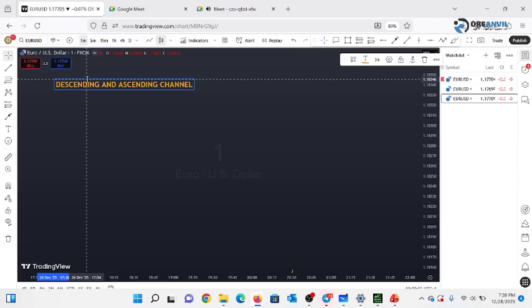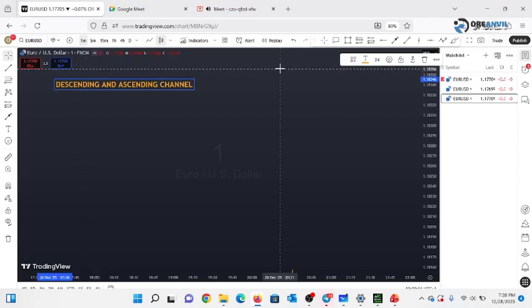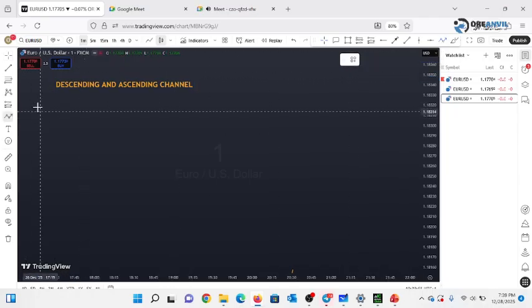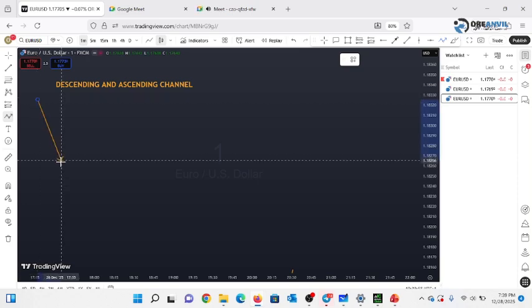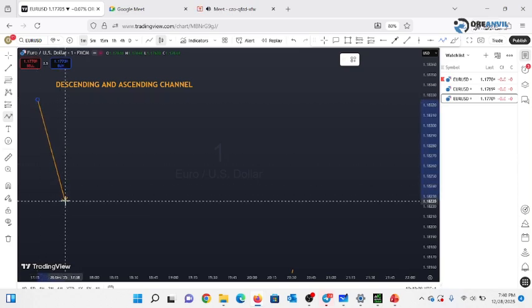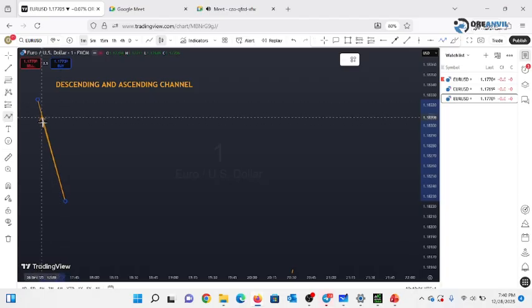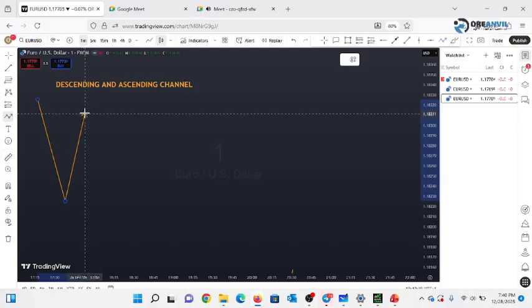And this is how it looks in the market. You see a descending channel looks like this. The market comes down. I'm using a line in this scenario, but there are series of red candles. Remember, when market is going down, there are series of red candles. And when it goes up, there are series of buy candles.